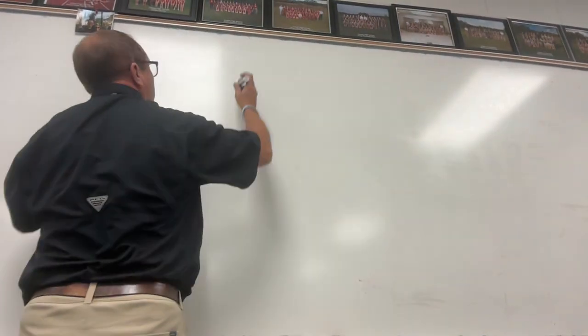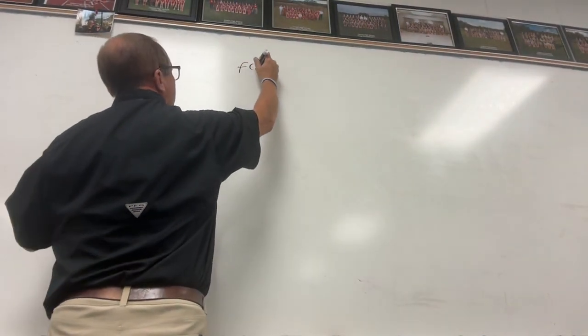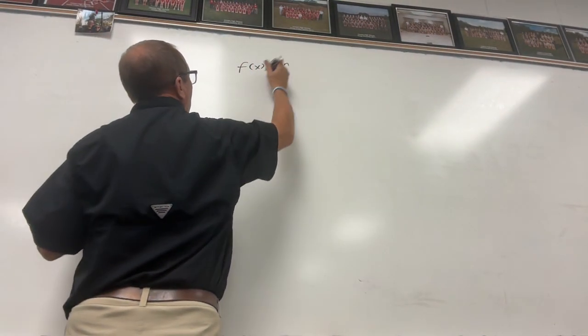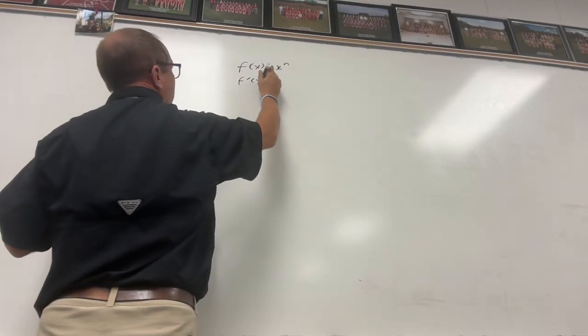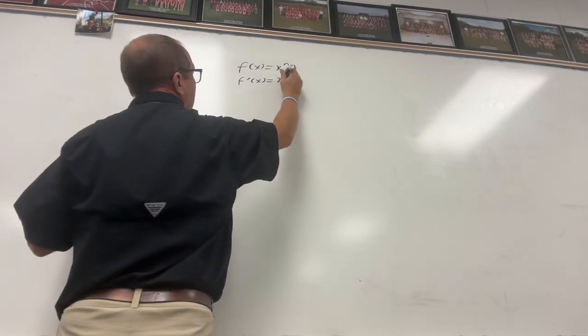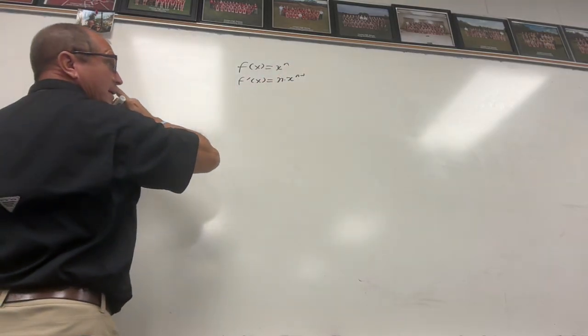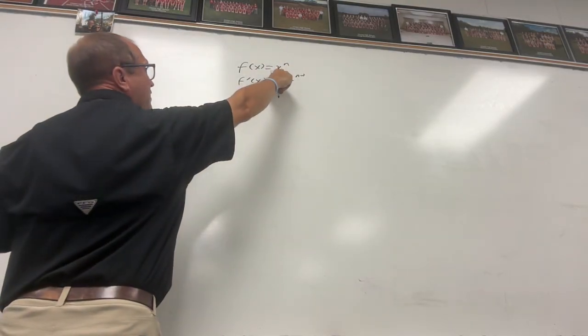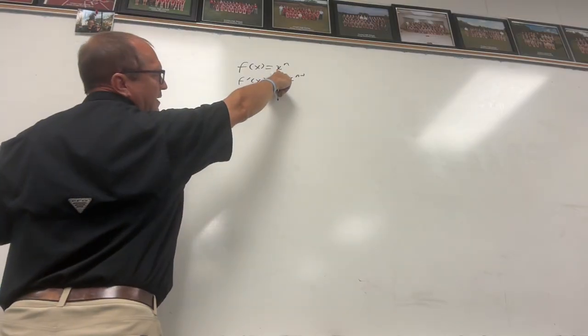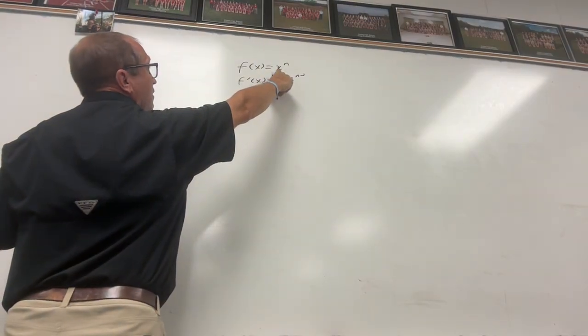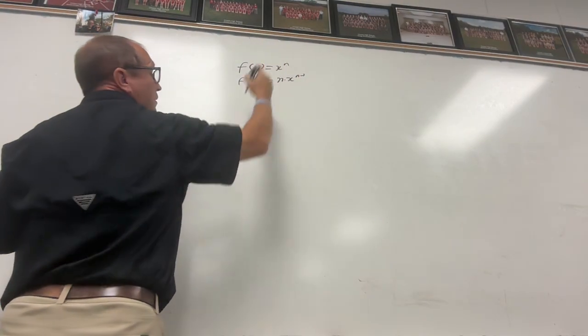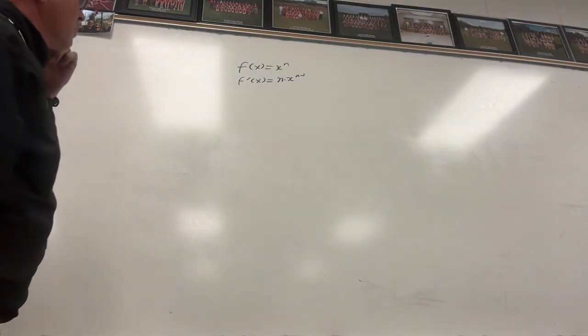Shortcuts, we've looked at the first one in the proof. It's f of x equals x to the nth power. So the derivative there was n times x to the n minus 1, correct? Again, understanding this, x is your domain, n is a number.